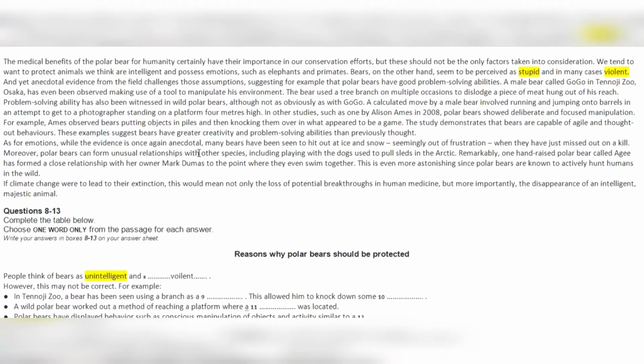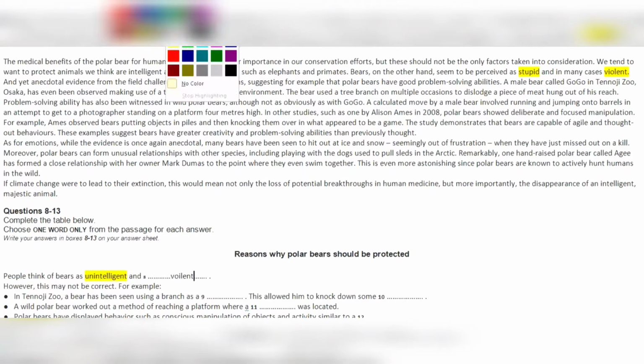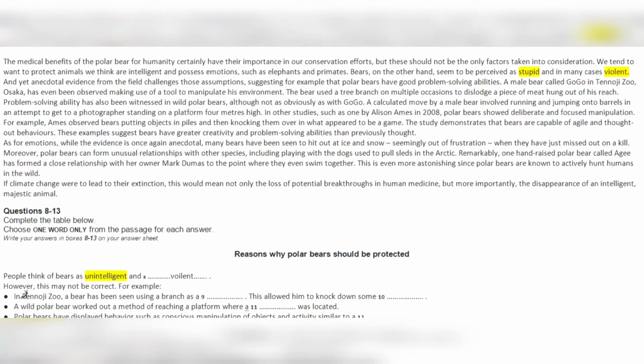The next question is: however, this may not be correct. In Tennoji Zoo. Here we find the keyword Tennoji Zoo, and with the help of this keyword we find the answer very quickly and in minimum time. A bear has been seen using a branch. We underline the keyword branch.